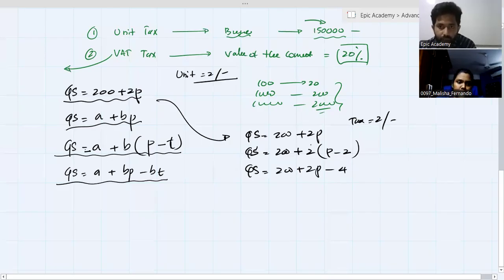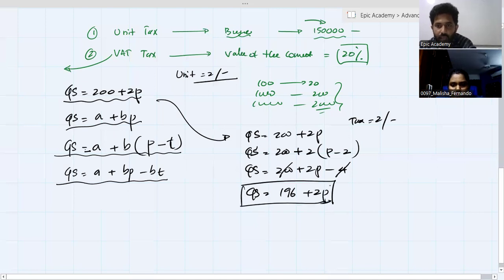Plus and minus values multiply to give minus. So QS equals 196 plus 2P. This is the final thing after imposing taxes.